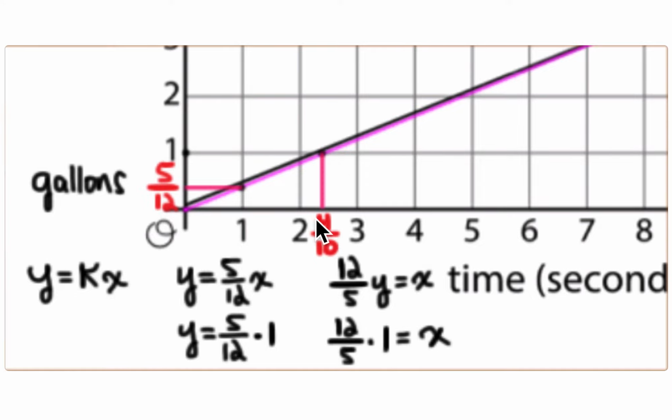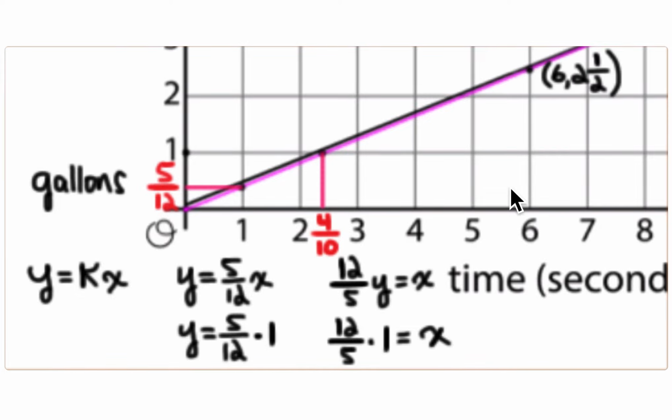So this is the reciprocal relationship. This is the relationship given the time, how many gallons flow into the bucket, and this is the relationship given the number of gallons in the bucket, how long does that take, which will be x. And I put this point out here just as a check.